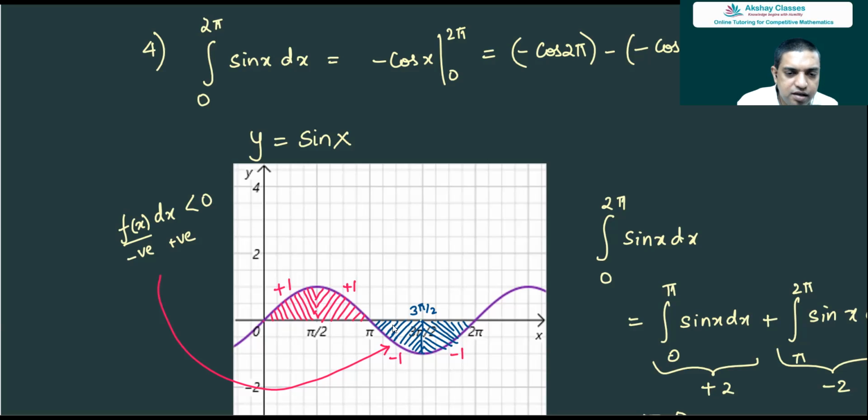So here, plus 1 minus 1 gives us 1. And then this portion also has area 1, but with a negative sign again, so minus 1. So you get plus 1 minus 1 minus 1, so it's 0. The sum of the areas is 0.